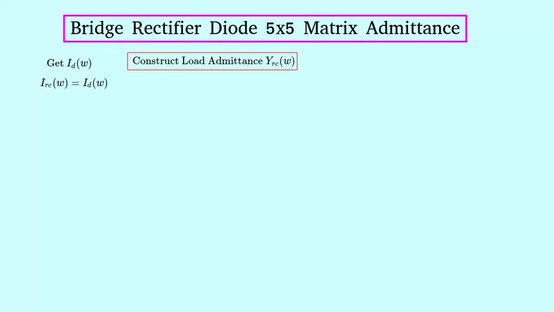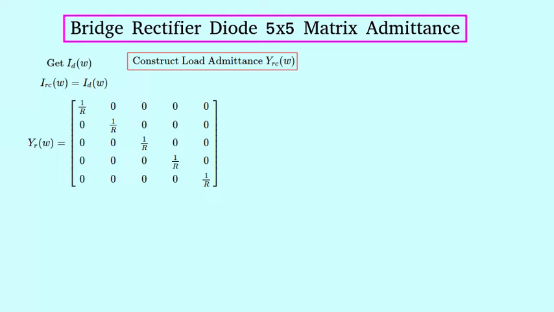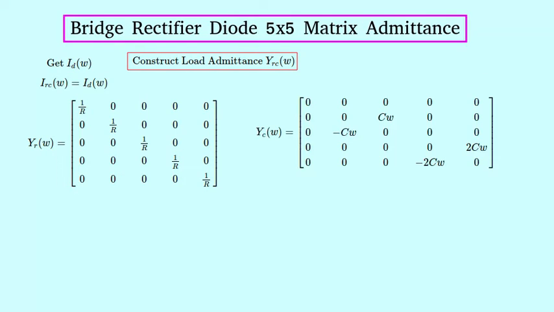Now to get the load admittance so as to get the current through the diode, we can calculate this theoretically. This is the admittance for the load resistor, which is this diagonal matrix with equal entries along the diagonal, which is to be expected for a resistor, which is linear. This is the admittance for the load capacitor.